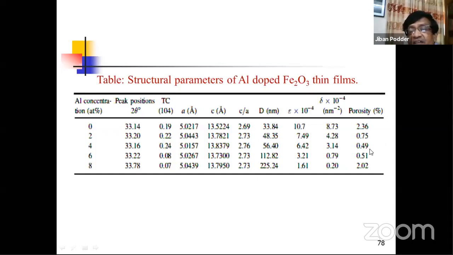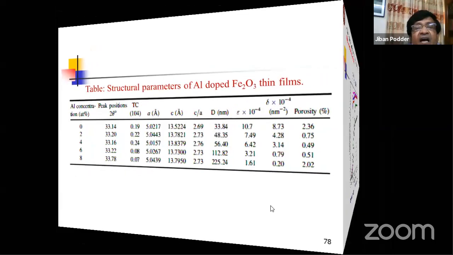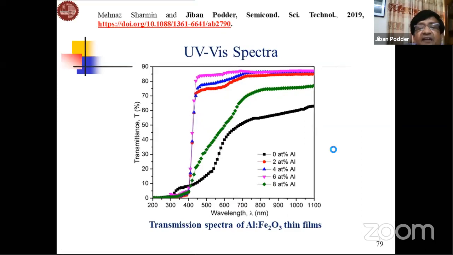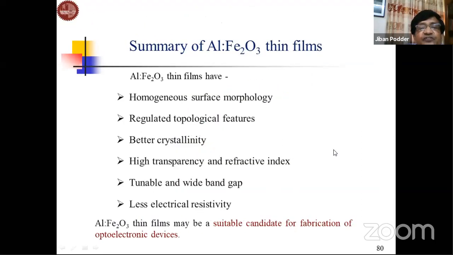In these aluminum doped iron oxides, you see the transparency increased with aluminum doping. There is a small variation at 6%, but at 8% it is lower. We published these results in Semiconductor Science and Technology in 2019. That was part of his PhD work.